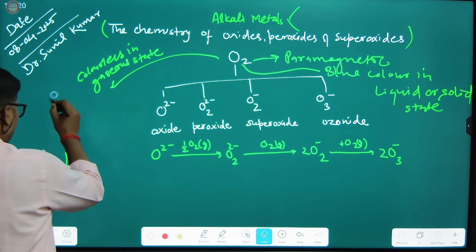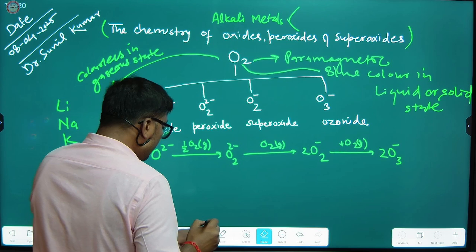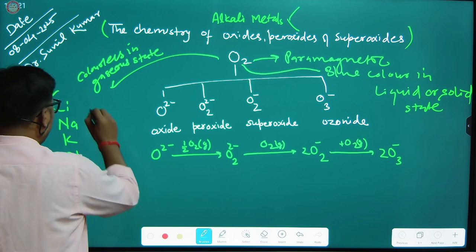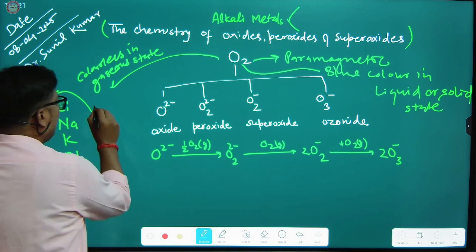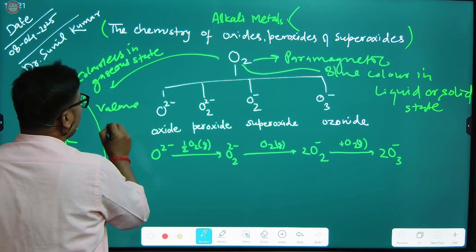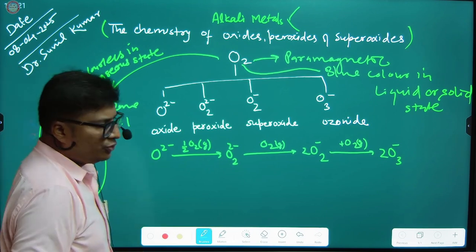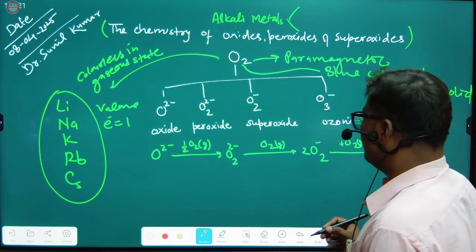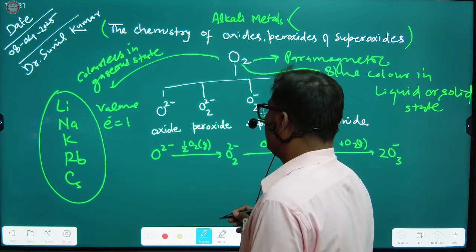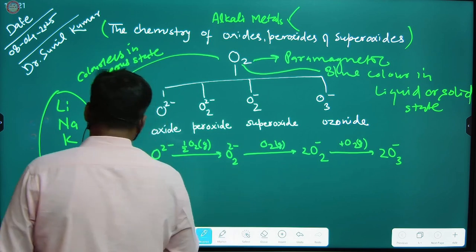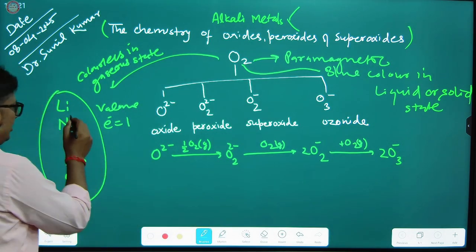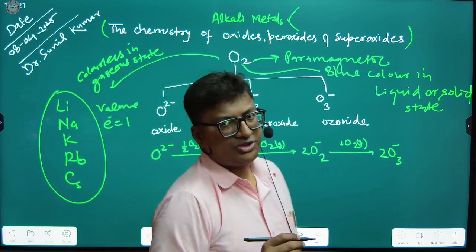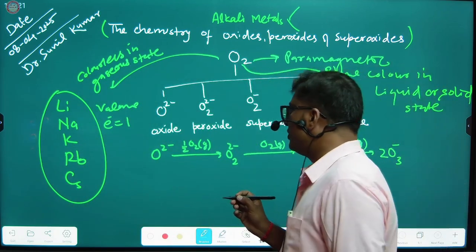All alkali metals have one valence electron in the outermost shell, which can be easily ionized, forming a noble gas configuration. So you can think that these elements are highly reactive, because ionization of the one outermost electron results in the formation of a noble gas configuration.